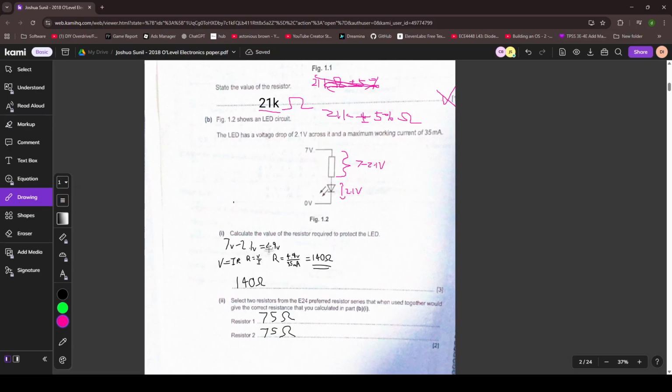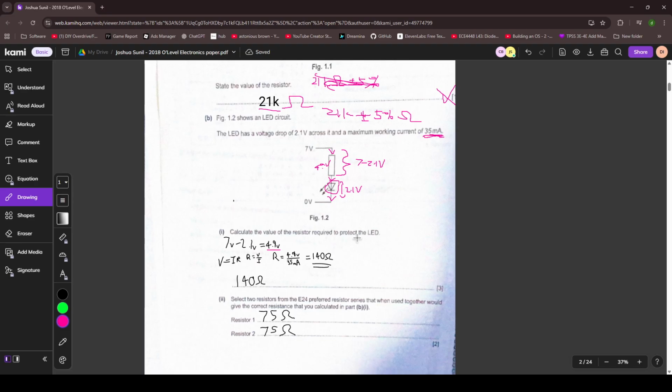So he finds 4.9 volts. Then we're trying to find the value of the resistor. We know V and we know the current, because the maximum working current of the LED is 35 milliamps. We want to keep the current to 35 milliamps, and current in a series circuit is the same, so the current for the resistor is also going to be 35 milliamps.